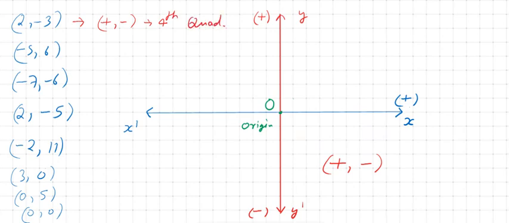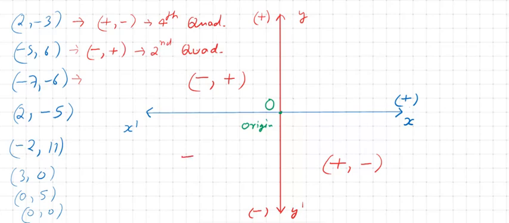I hope the concept is clear. Now the second, -5 comma 6, it is negative positive. Beta, negative positive is the second quadrant. So it should fall in the second quadrant. I am writing Quad in short, it means quadrant. Here beta, both are negative.